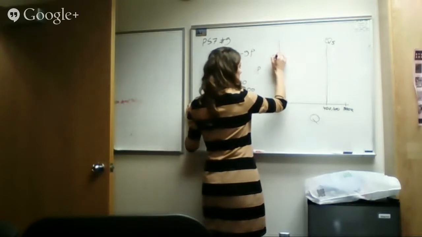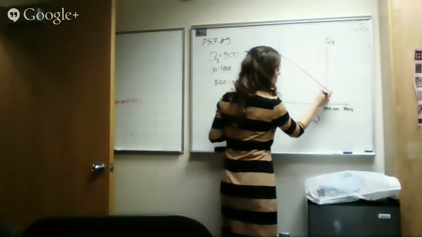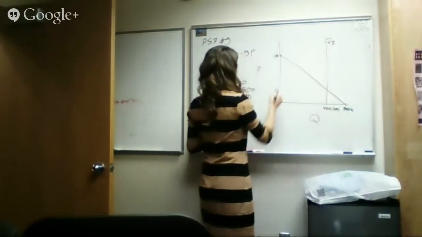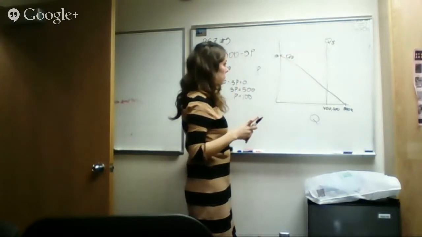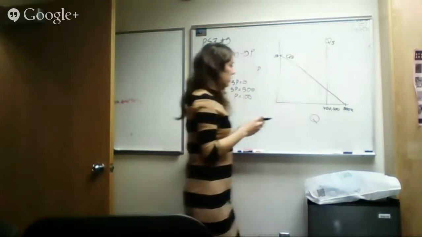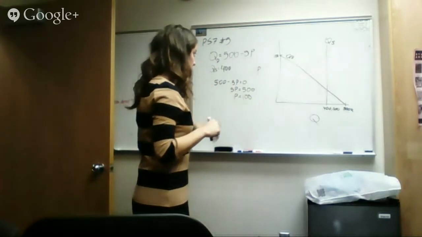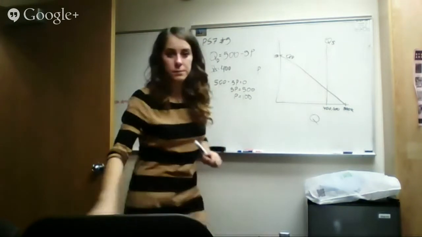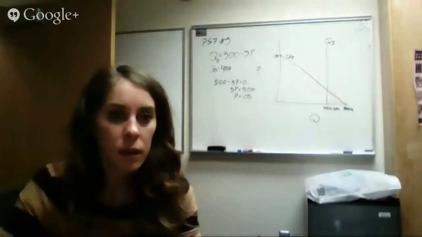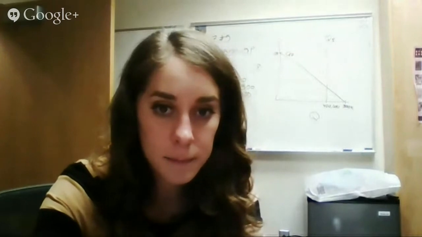So I'll mark that right here. And then we know these are the endpoints, so we can draw the demand curve. Okay, so those are the two lines for the situation based on our equations that we had. Let's see what it says. Okay, so that's part A.